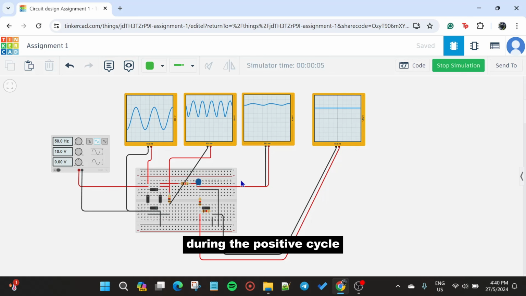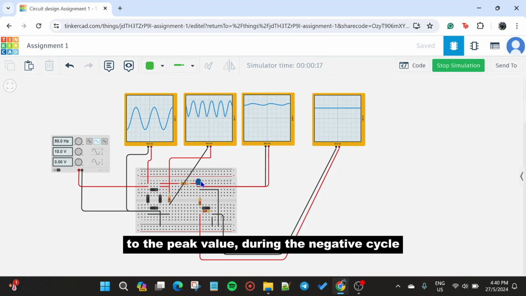During the positive cycle, diode 1 and diode 3 are forward biased. The capacitor starts charging gradually to the peak value. During the negative cycle, diode 2 and diode 4 are reverse biased. The capacitor starts discharging and the current flows through the load here.